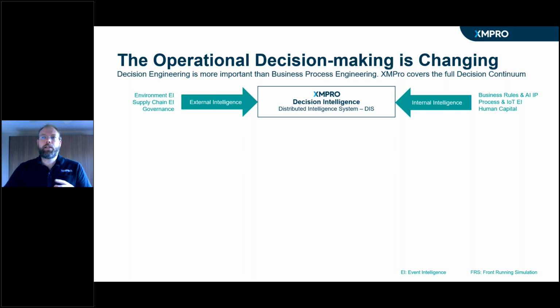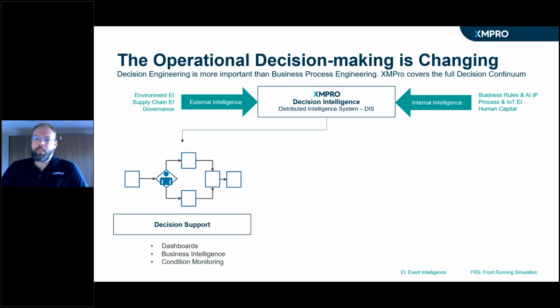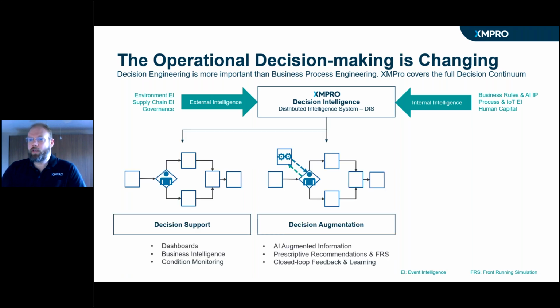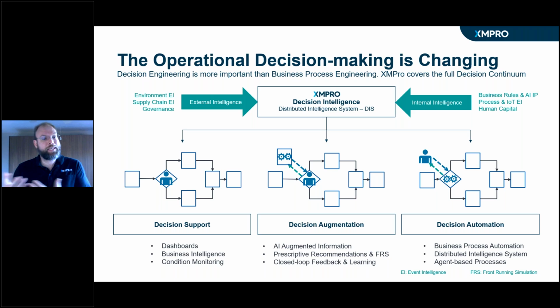So where does this work with regards to what we do at XMPro? There are essentially three main areas of decisions that can get made. You generally start with decision support. That's your dashboards, your BI, condition monitoring typically falls in here.